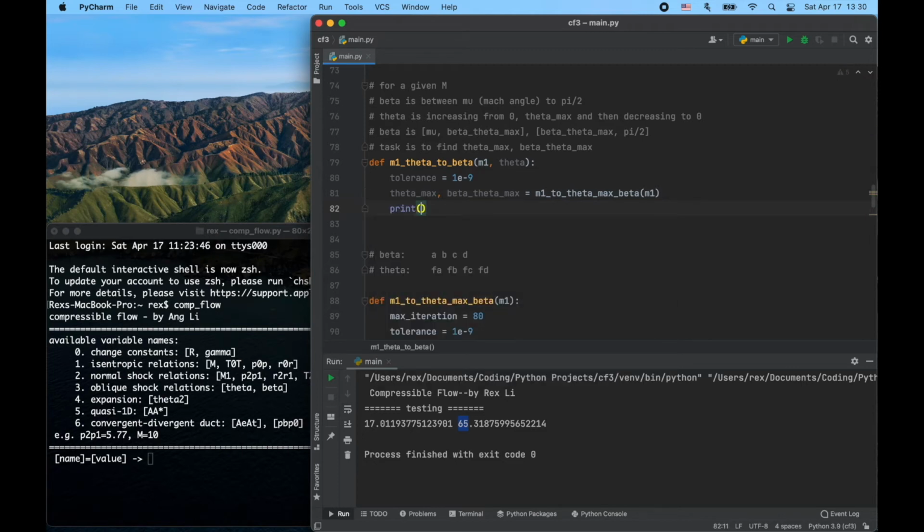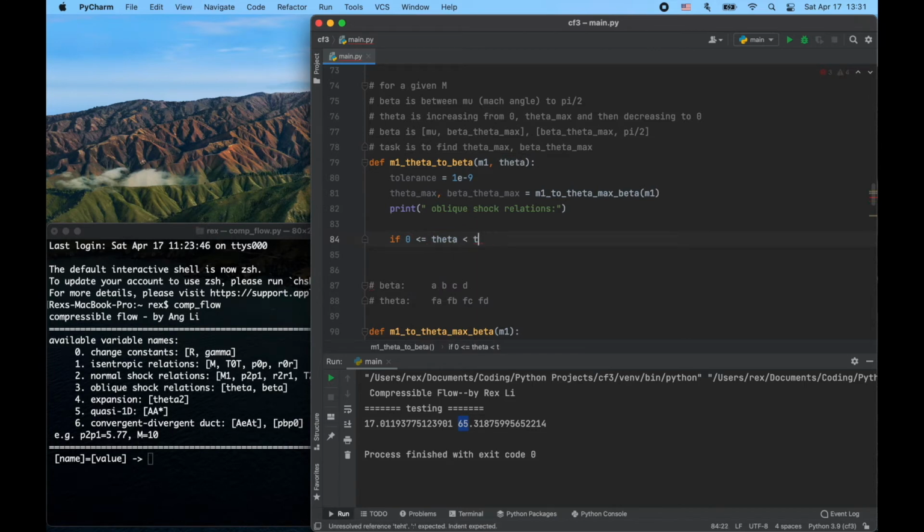First I will just print out, okay, this is an oblique shock relation, right? And if 0 is between theta and theta max, then we can continue to find the two solutions.